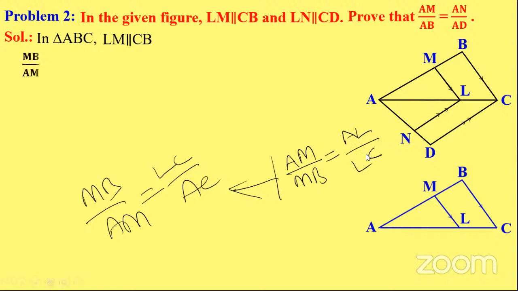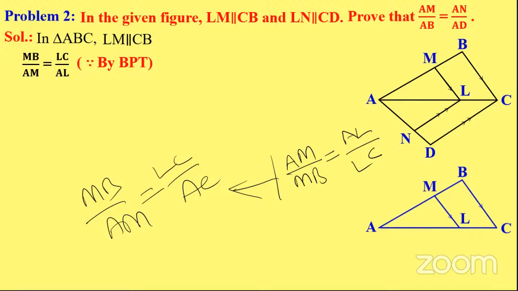Let us see. MB by AM is equal to LC by AL. Both reversed. Children, are you okay with this? First, it was said that AM by MB is equal to AL by LC.